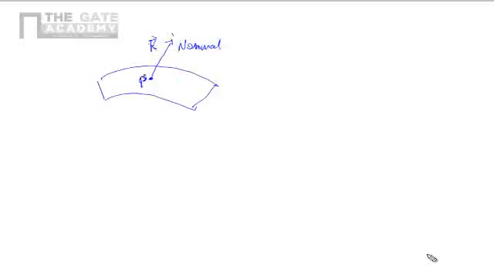I will not take k, because k means there is also another k, and you should not get confused. So this is the normal vector. Now this function is phi. Now del phi is giving variation of phi.